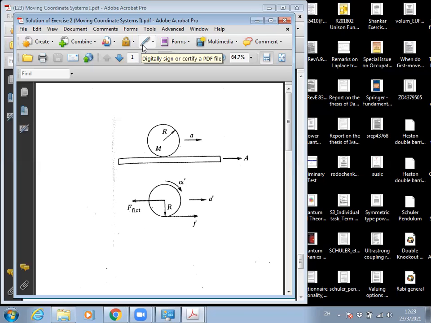Now keep in mind that you should use the accelerating frame. Okay, don't use the left frame.